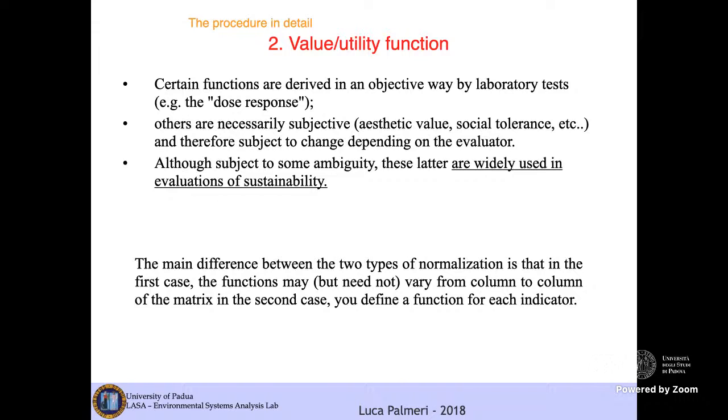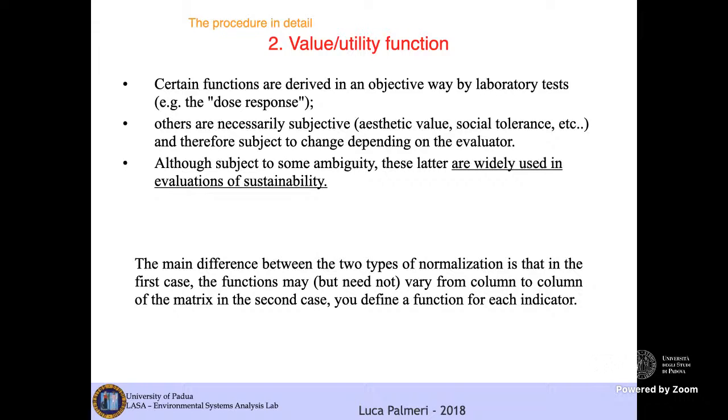So these are highly subjective criteria, also subject to some ambiguity. These latter are widely used in evaluation of sustainability. So value utility functions are by large one of the most employed ways for standardizing the criteria into your evaluation matrix.